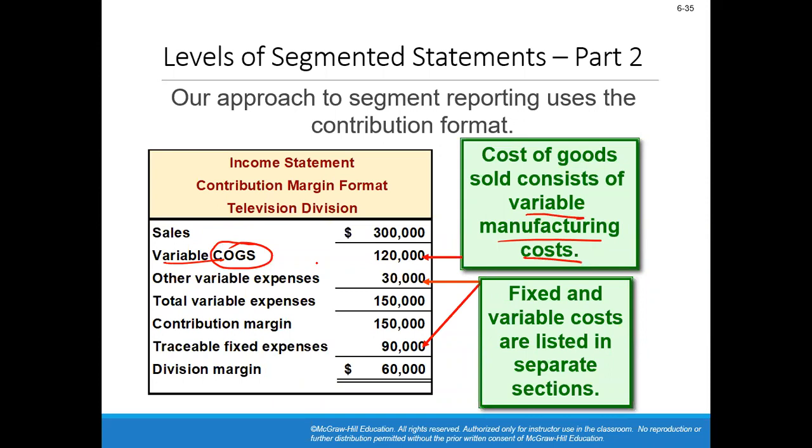Then there are other expenses, which might include some variable portion and some fixed portion, but they have been allocated in different places. Before the contribution margin calculation, we allocate all variable expenses, and after the contribution margin, we charge fixed expenses. Okay, this is not new. We know that contribution format follows this structure, right?